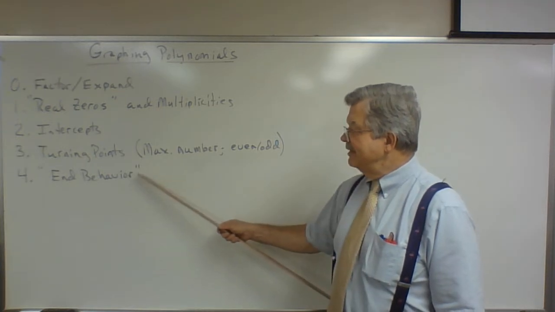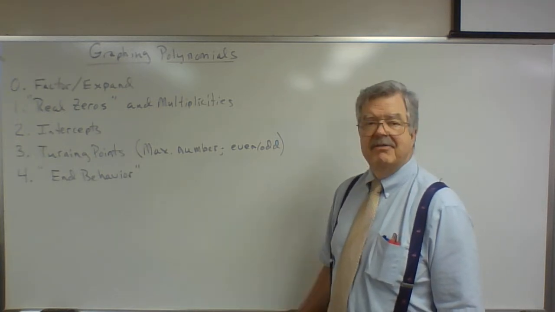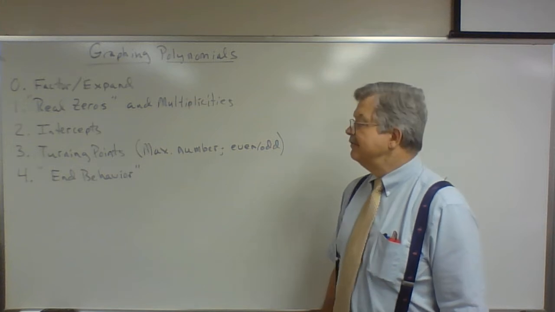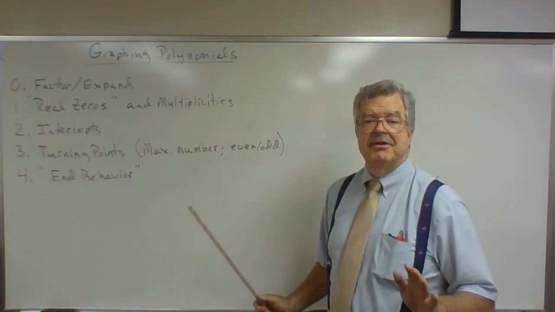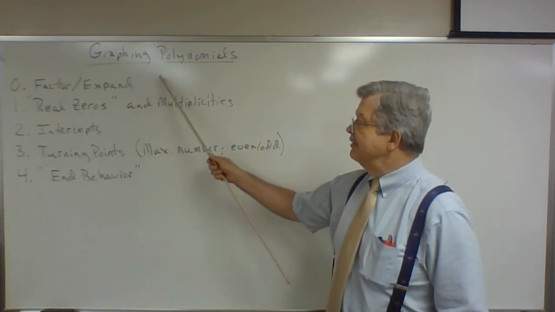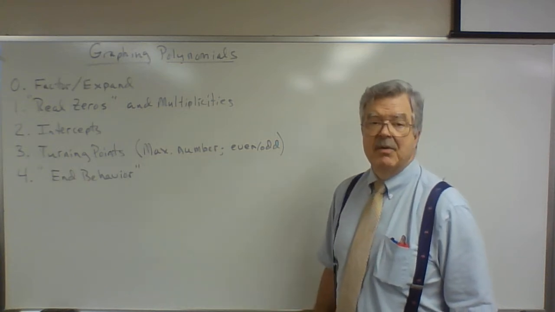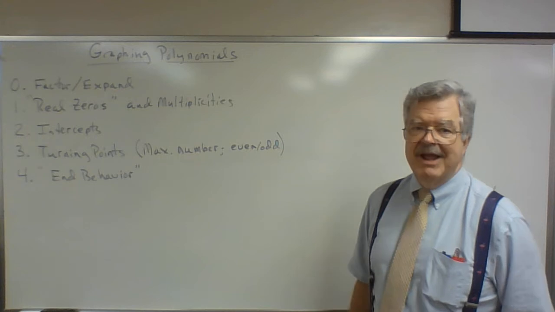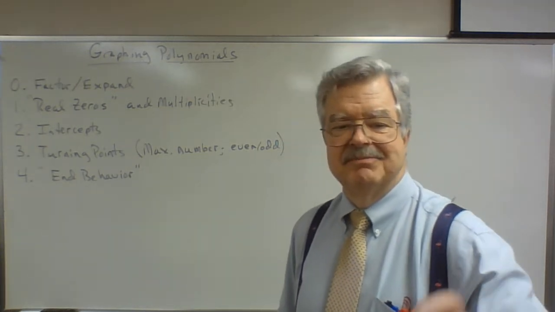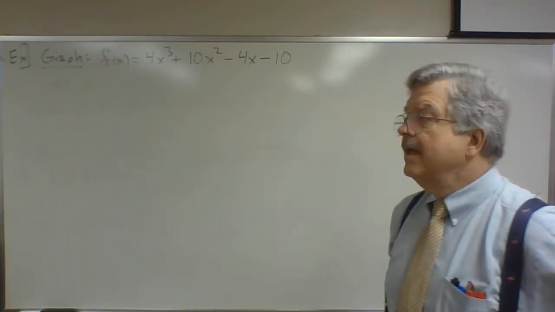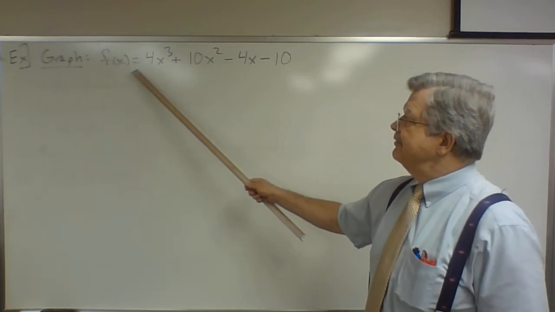And then finally, we'll consider the end behavior. This is our approach to graphing polynomials. We're going to do all of these things pretty much in that order, and then we're going to graph the son of a gun.